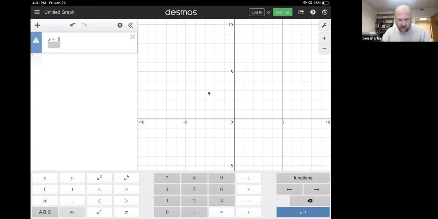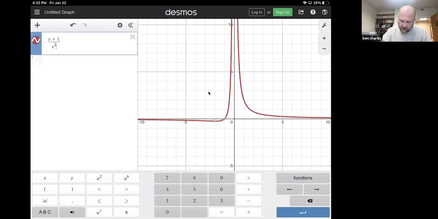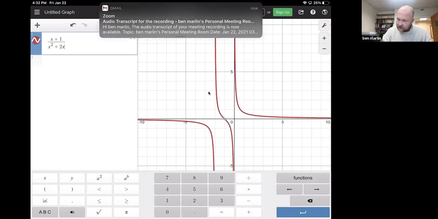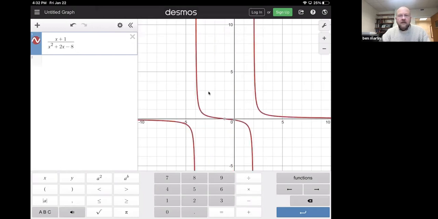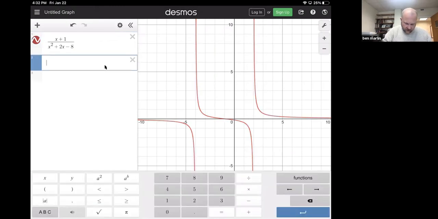It's got an x plus 1 in the numerator and x squared plus 2x minus 8 in the denominator. If you're taking a look there, you will notice that now at your x equals 2 here, I could go ahead and put x equals 2 in the graph there.